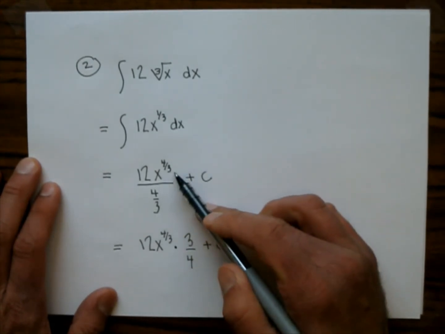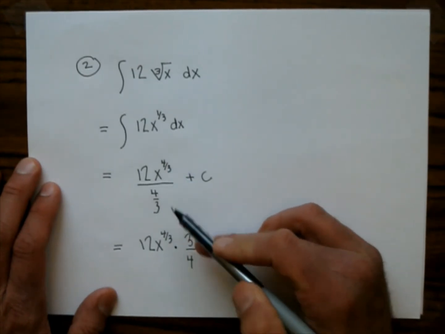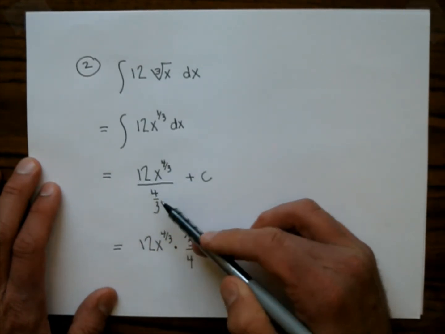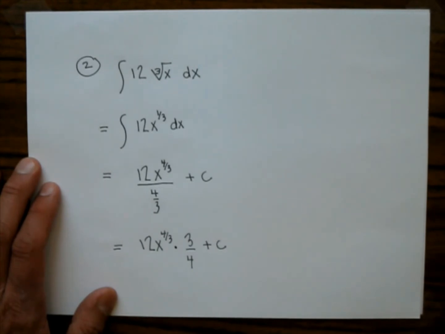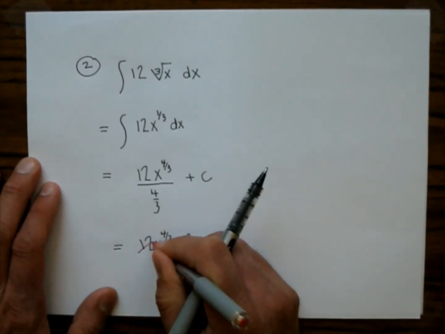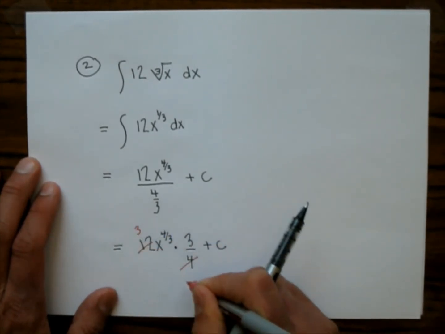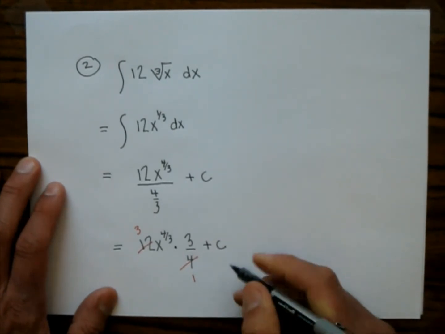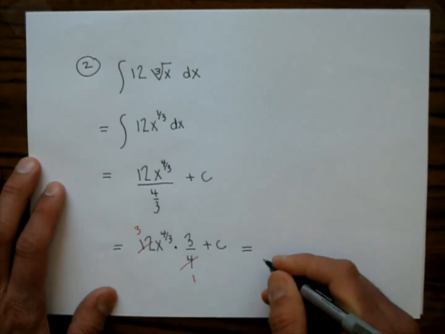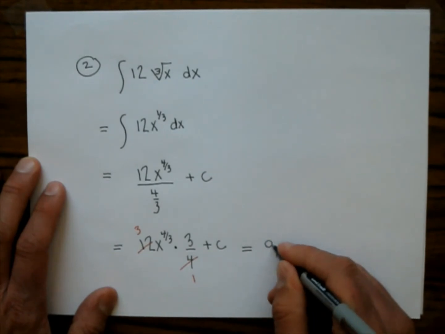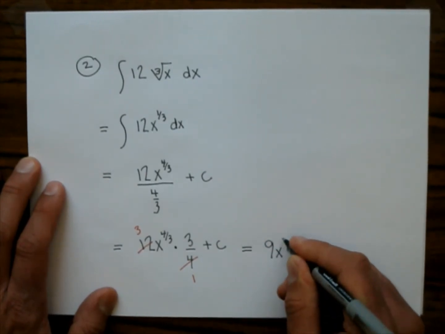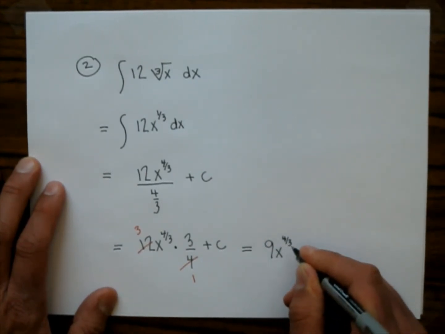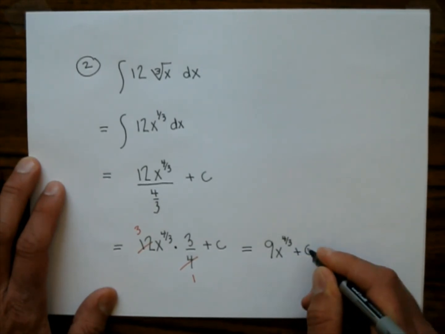So sometimes when you do a lot of these, you just start writing the 3/4, but I wouldn't recommend it at first. So what happens here? The 4 and the 12 will reduce, so this will give me 3, 1, and the final result, I think, is going to be 3 times 3, so that's 9x to the 4/3 power plus c.